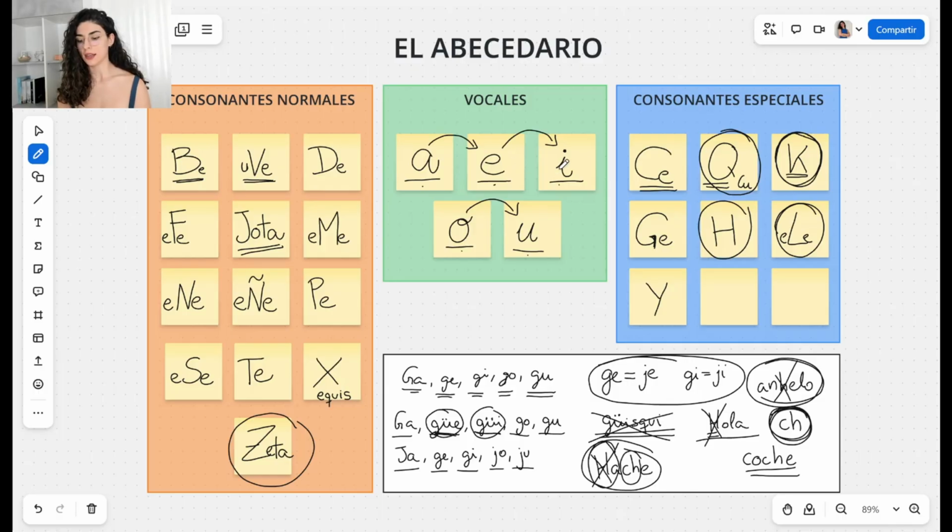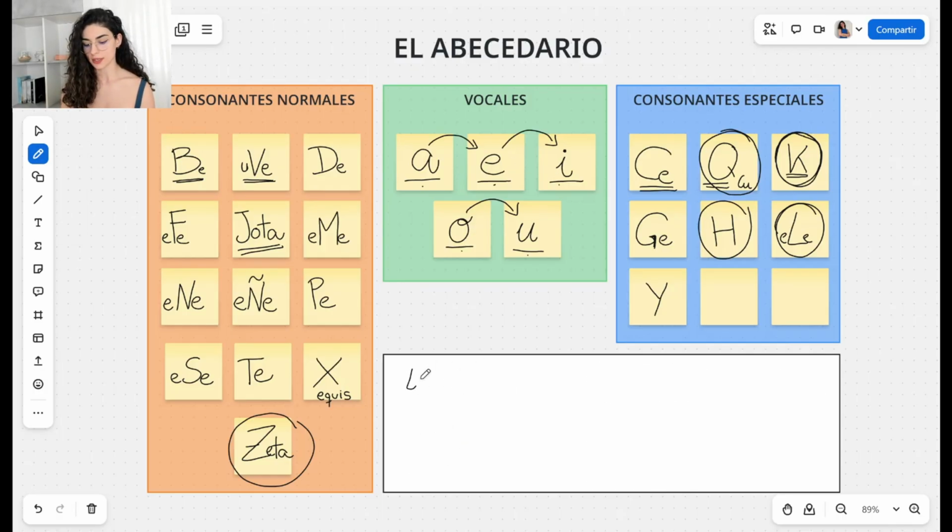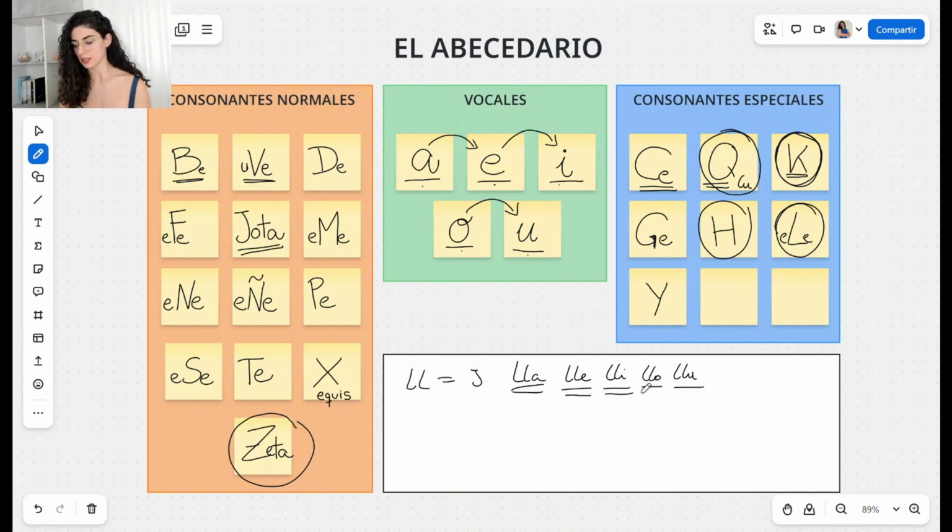But when you see it double, it is like an English J. So these are ja, je, ji, jo, ju. Some people may make it sharper, may make it softer. So could be ja, je, ji, jo, ju, or ya, ye, yi, yo, yu. It depends on the person.